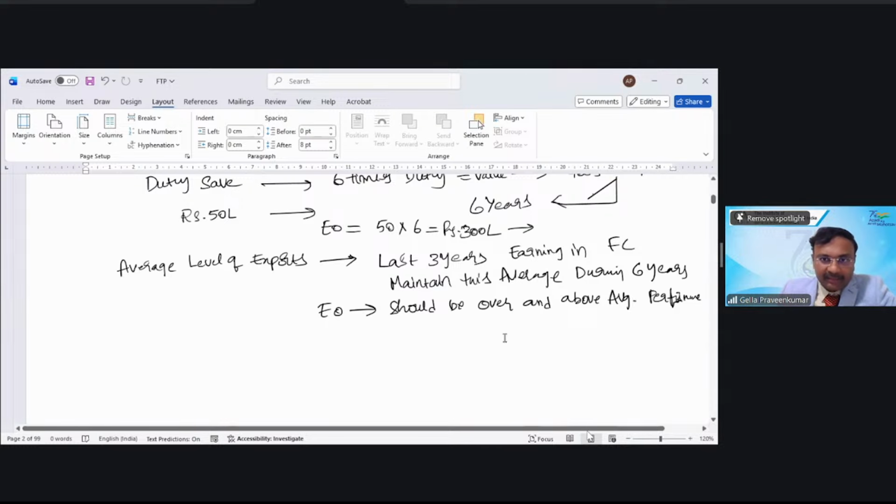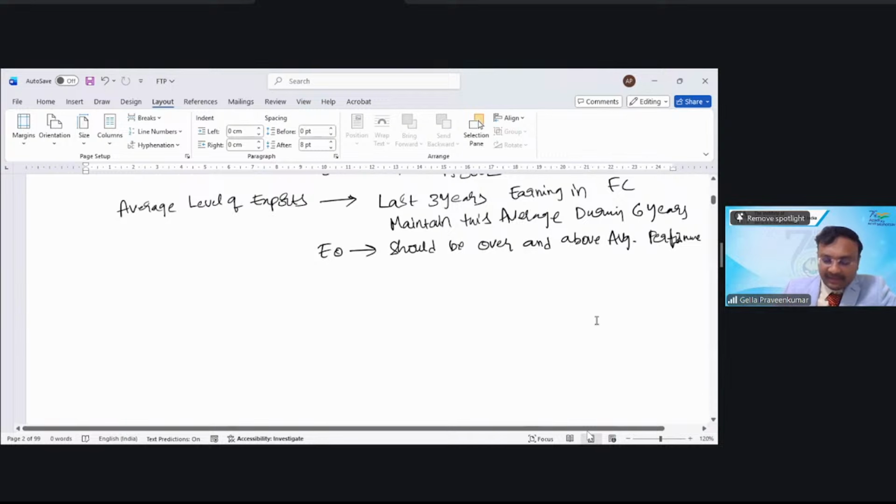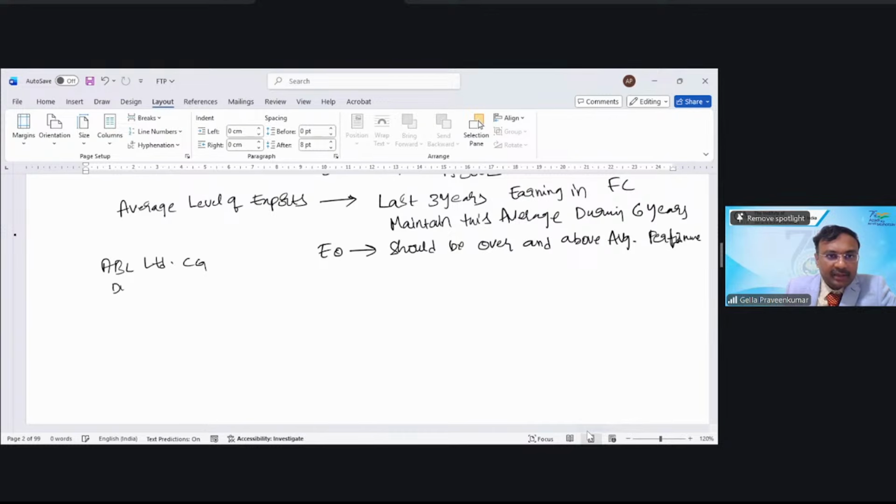Let's take an example. Say ABC Limited has purchased imported capital goods where the duty saved is rupees 50 lakh. This happened in year 5, from the date of incorporation. So what does the law say?